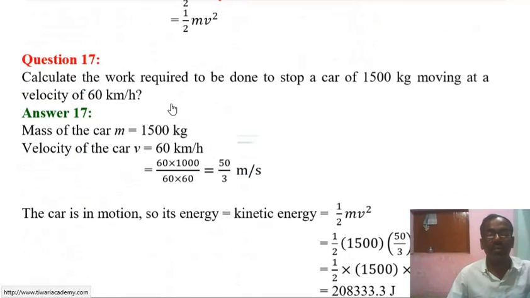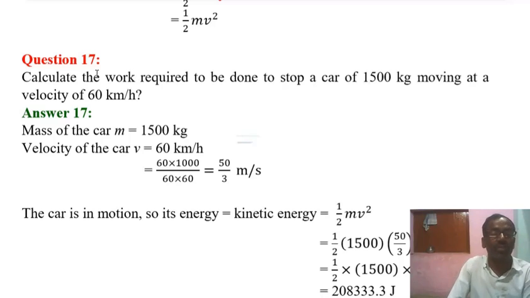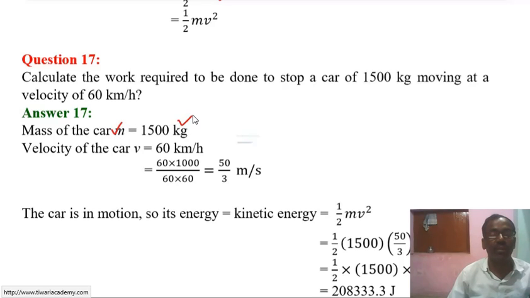Calculate the work required to be done to stop a car of 1500 kg moving at a velocity of 60 km per hour. So this is the numerical solution of question number 17. From the question it is clear that the mass of the car m is 1500 kg.